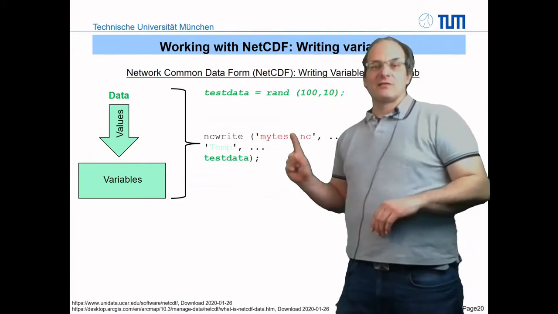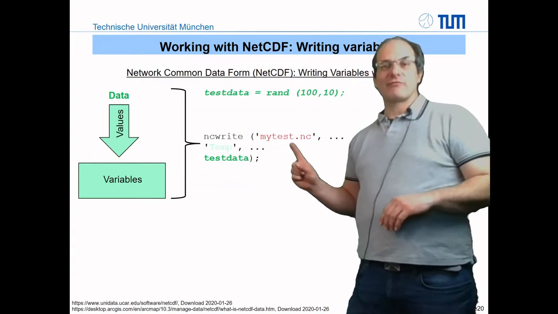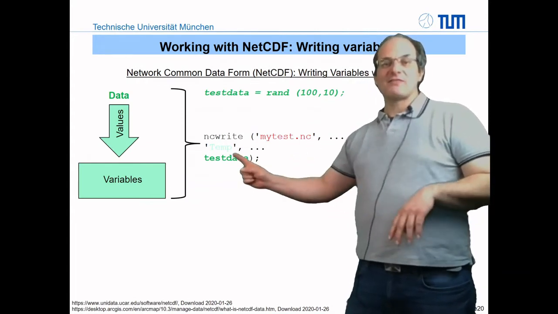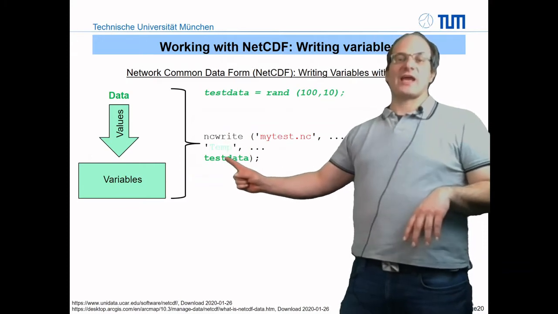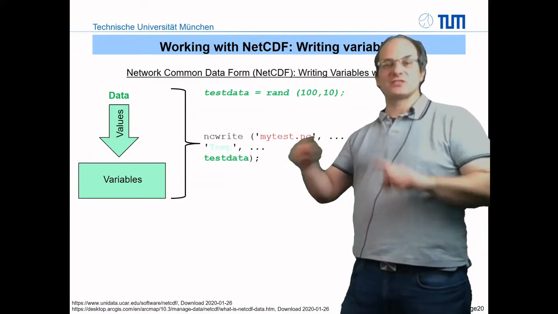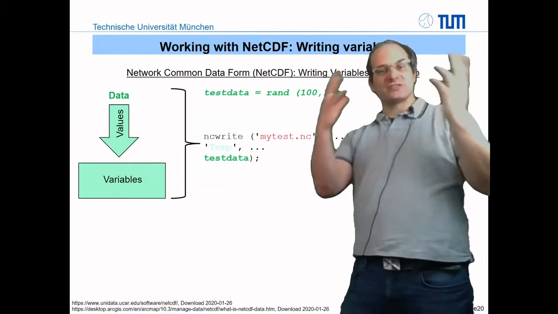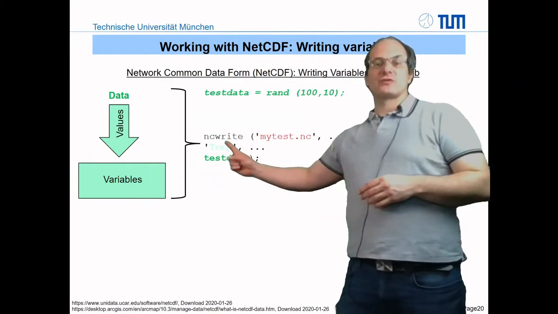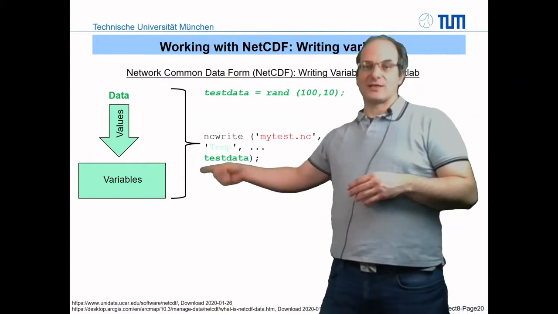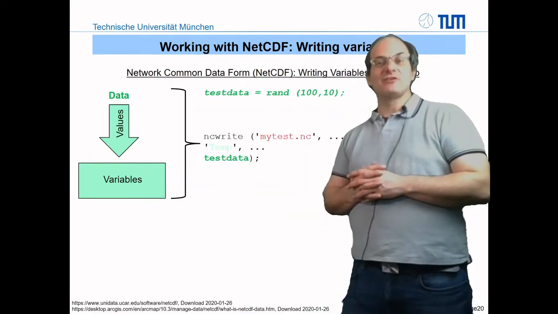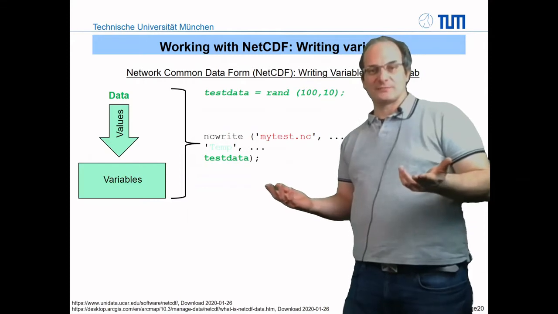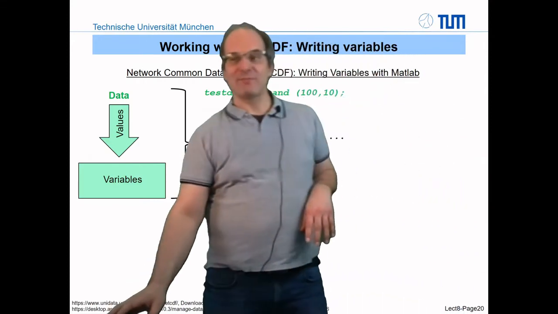So again, the file name is always the identifier for the individual file, and then you name the variable which you created, and you hand over the input argument, which is a matrix or a vector of the same size which you used for the definition of the individual variable size. Okay, so what happens if you do this?